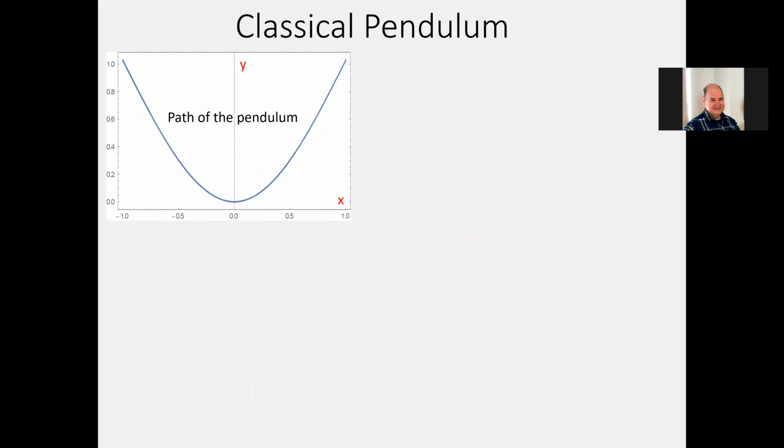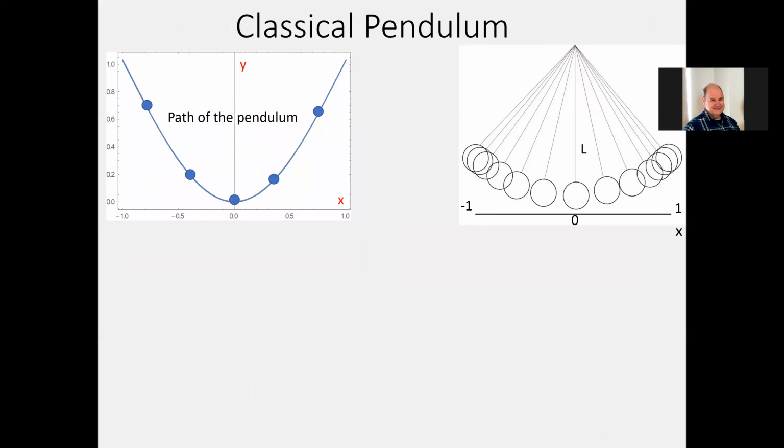Let us take the classical case of a pendulum. A pendulum swings back and forth, and as it does, its X and Y values are changing. Here's the X value of the pendulum, and here's the height, the Y value. Let's simplify things and just worry about the X value.